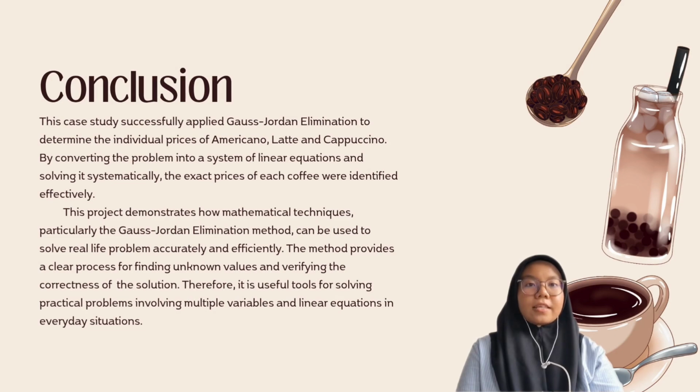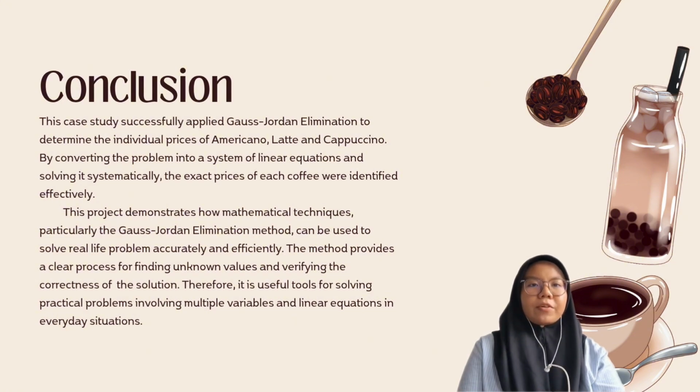This case study successfully applied Gauss-Jordan elimination to determine the individual prices of Americano, Latte, and Cappuccino. By converting the problem into a system of linear equations and solving it systematically, the exact price of each coffee was identified effectively.